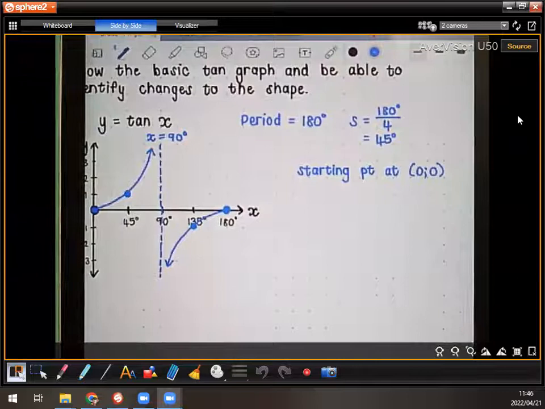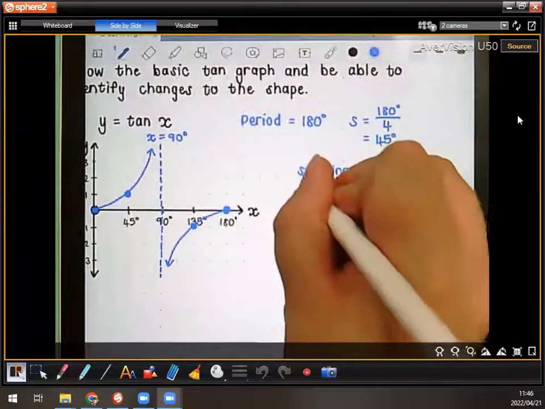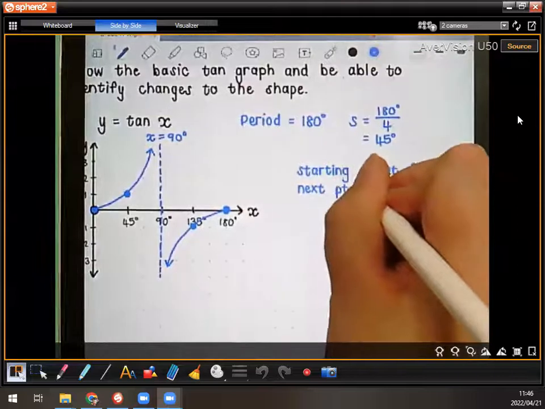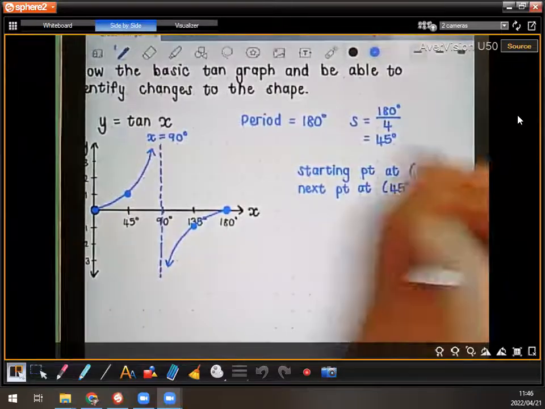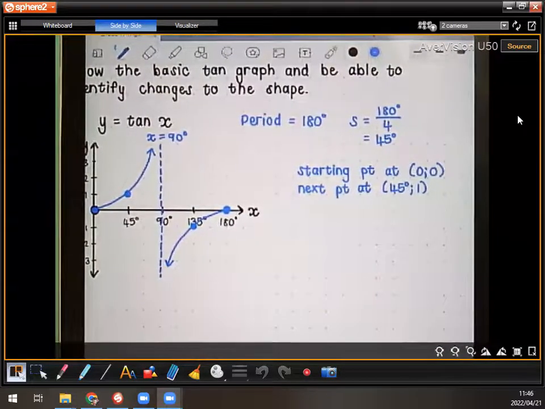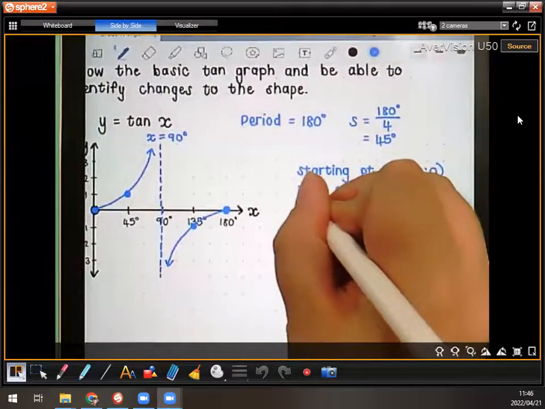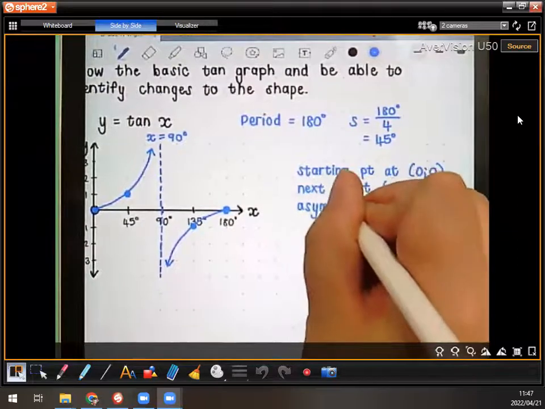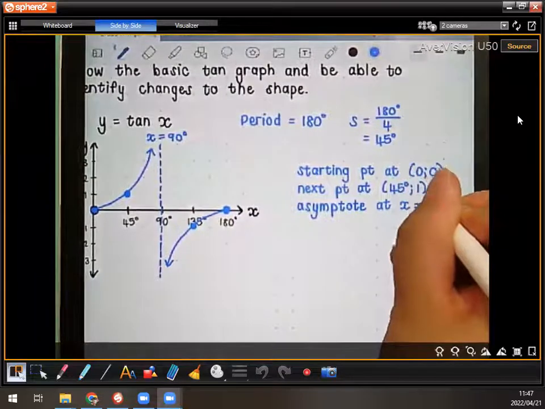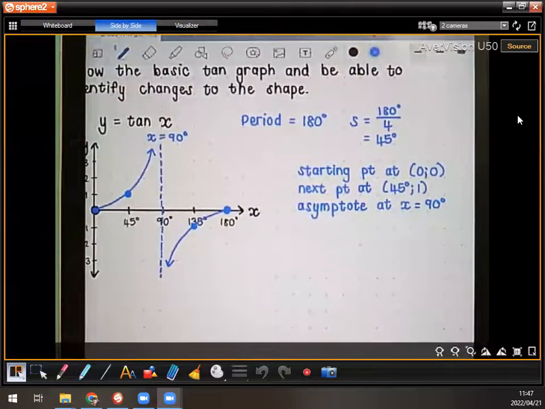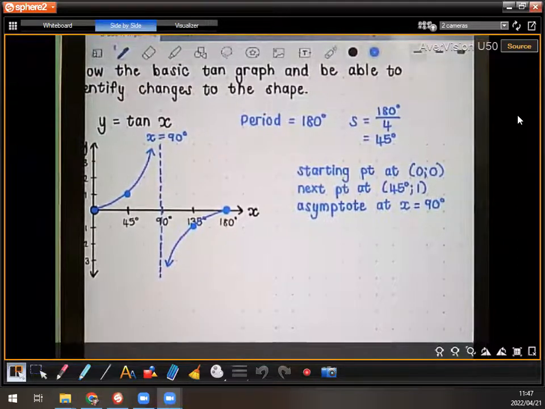Starting point is at 0, 0. The next point is at 45, 1. Then you have an asymptote at 90. Then you have a point at 135, negative 1.